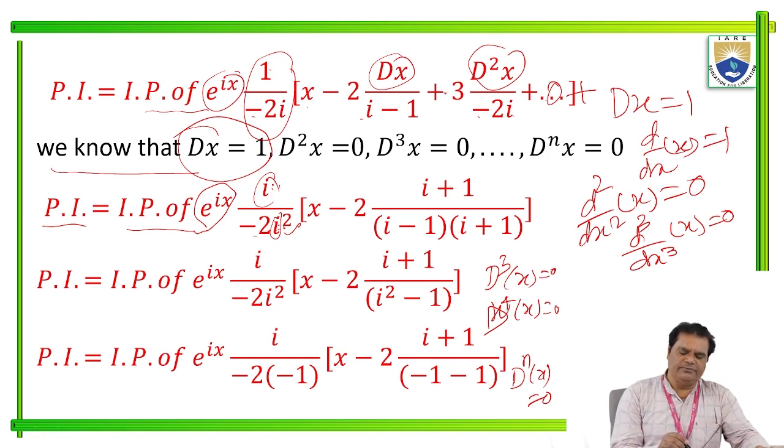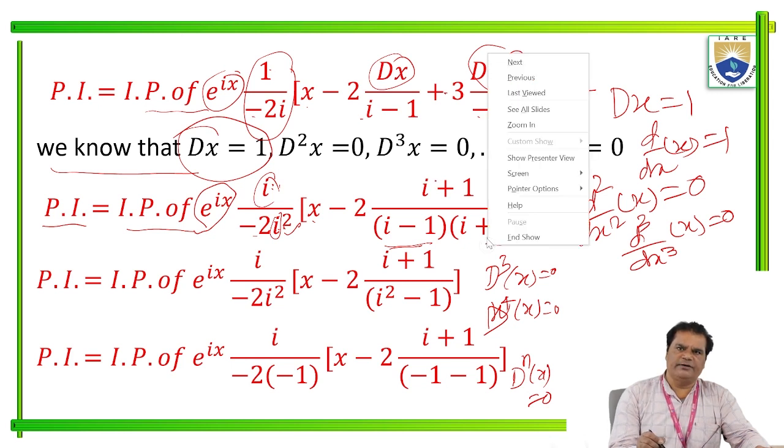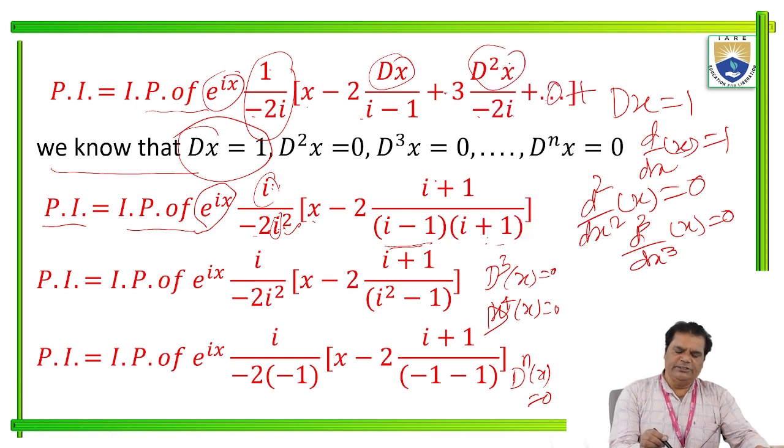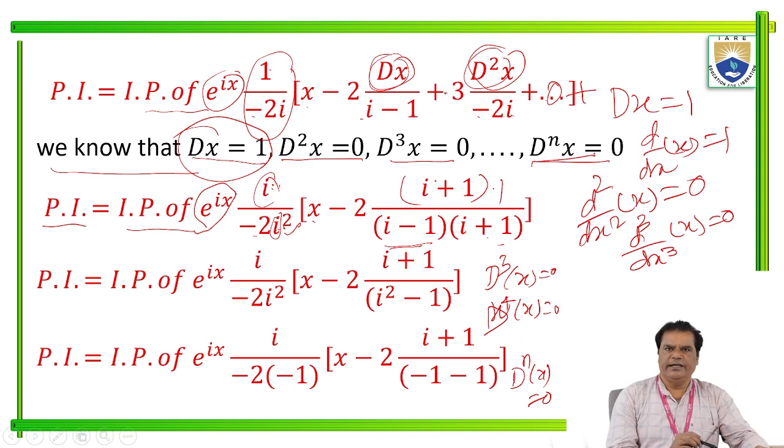So we get here minus 1. x minus 2, multiply in this function the conjugate of i minus 1, i plus 1. i plus 1 in numerator and i plus 1 in denominator. And D square x is 0 and Dx is 1 here. We know that Dx is 1, D square x is 0, D cube x is 0, Dn x is 0, and n is any number more than 1. Then the derivative of this result will always be 0.